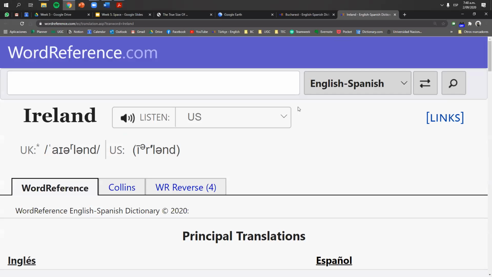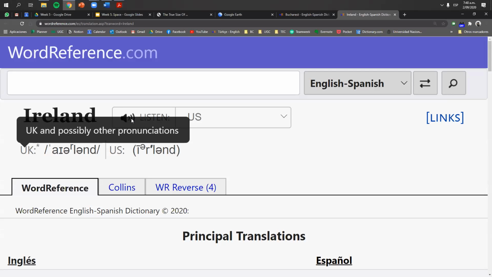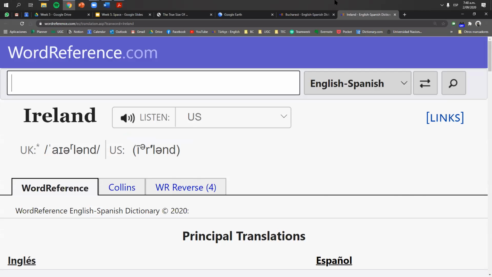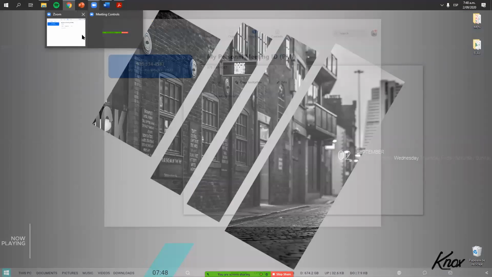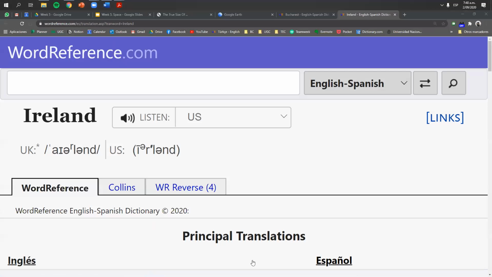So "ir" is a combination of 2 sounds, but they are just 1 syllable in that case. So guys, if you are not sure about the pronunciation of the cities, I would suggest using WordReference, and you can even listen to the pronunciation and everything.